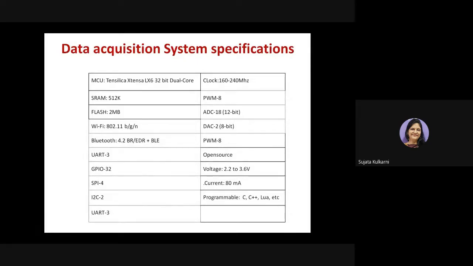And when I'm saying multiple analog inputs, you also should have an analog to digital converter with multiple channels. So at least we targeted, as you can see, a 12-bit 18 channel ADC and 2 DACs of 8-bit. That is the resolution part.